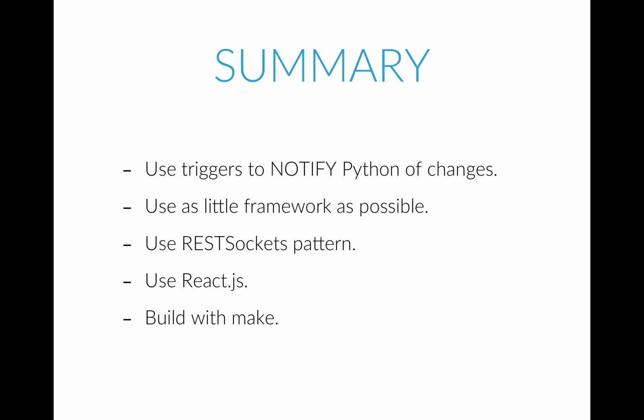Use React.js, as today frameworks are increasingly migrating towards React.js's style. Angular 2, I think, is going to move to a unidirectional data flow, and possibly Ember as well. It feels like the future, but React has it right now. And use Make to tie together these different stacks.